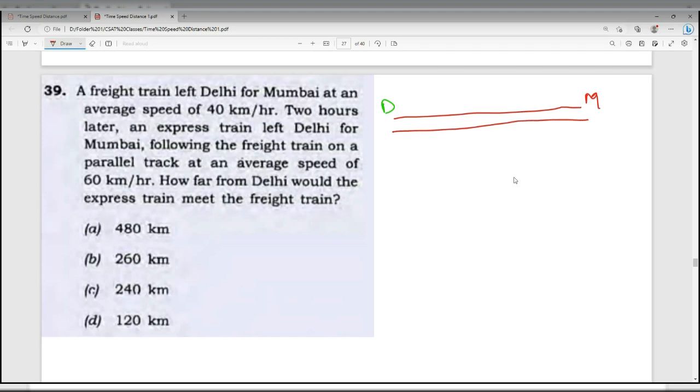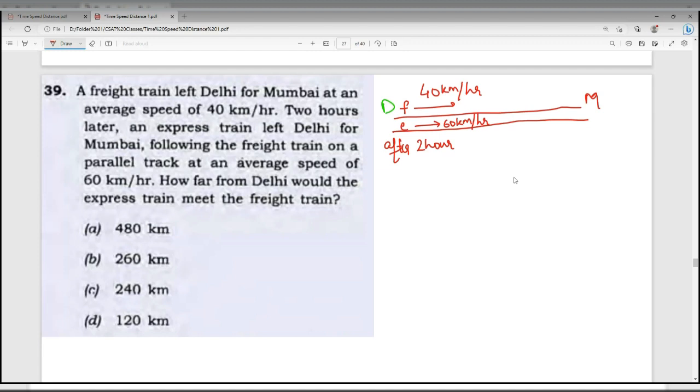And what they're saying is first one freight train left Delhi at 40 kilometers per hour, and after 2 hours, one more train, the express train, on a parallel track has left at 60 kilometers per hour.